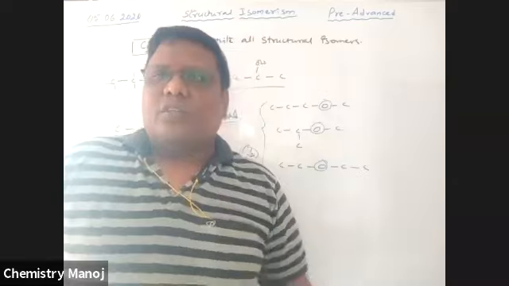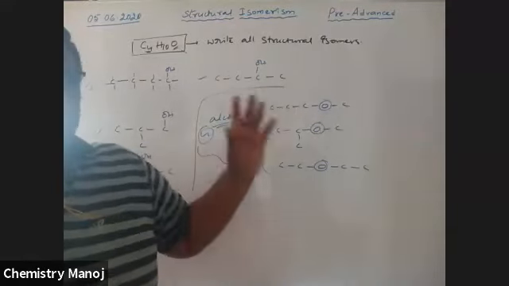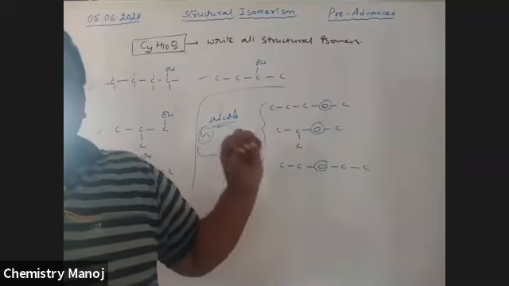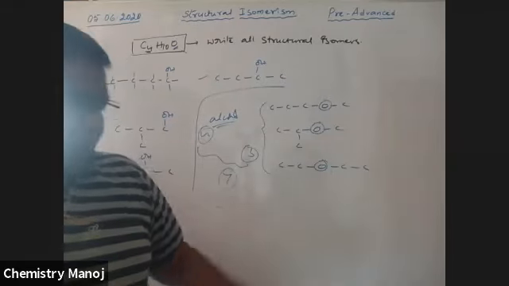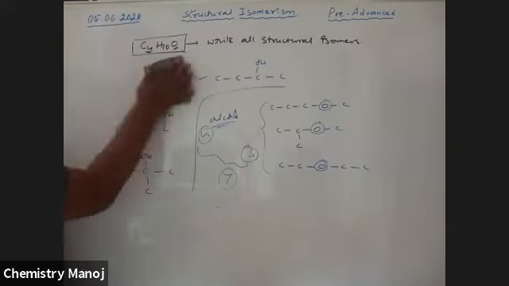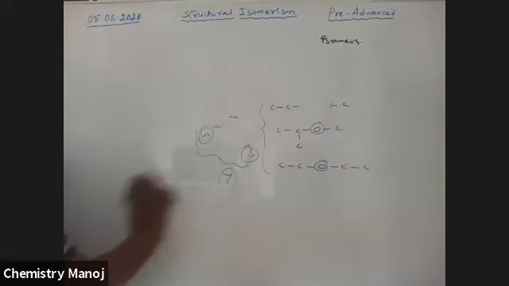Very important. So in total, I am explaining here chain, position, functional, metamerism, and ring chain isomerism. A little bit of tautomerism I will explain, only the tautomerism.